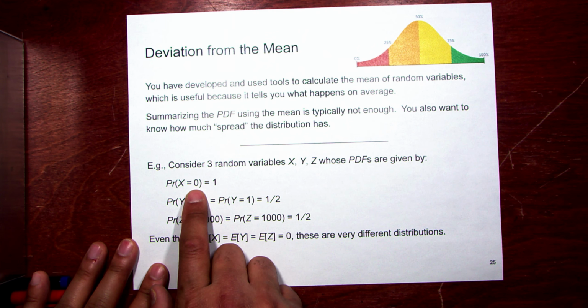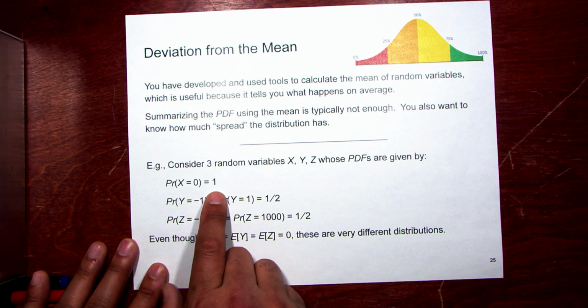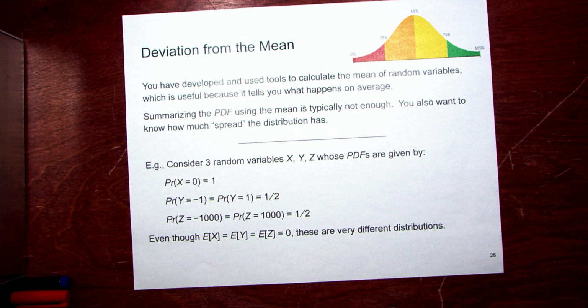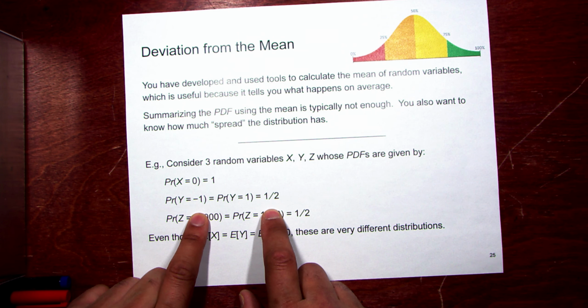One of them has the probability of x being 0 equal to 1. So with 100% chance you get a 0. That's not very exciting. What if you had plus or minus 1 with probability of a half? Well, the average would still be 0. And same thing for plus or minus 1,000 for z, with probability of a half.